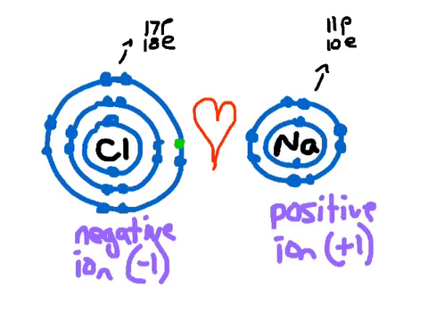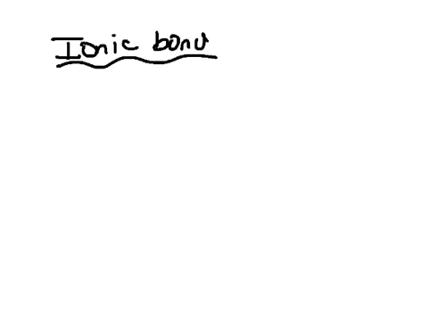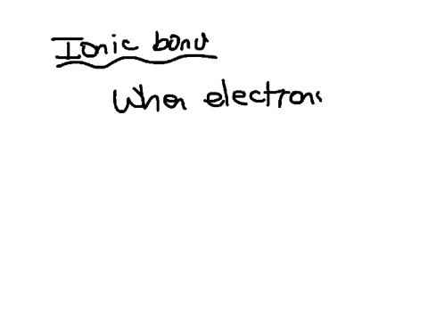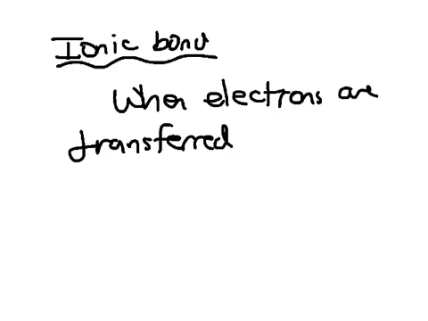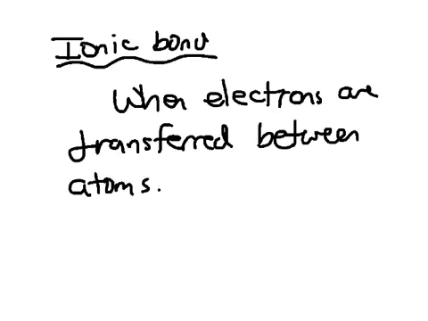An ionic bond is when electrons are transferred between atoms. And what happens is you end up with ions with opposite charges that like to hang out together. That is what an ionic bond is.